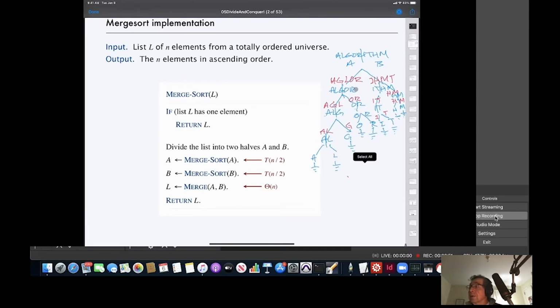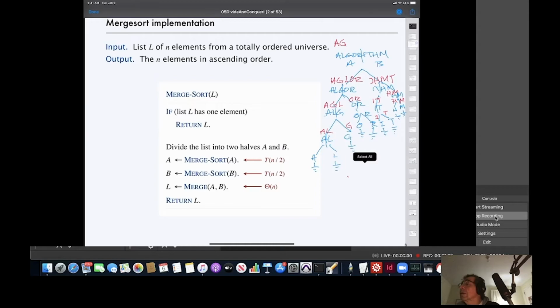So then we get to merge AGLOR with HIMT, and the result would be, well, first compare A against I. Well, A makes it to the final file. Then advance the pointer and compare G against I. Well, G comes first.